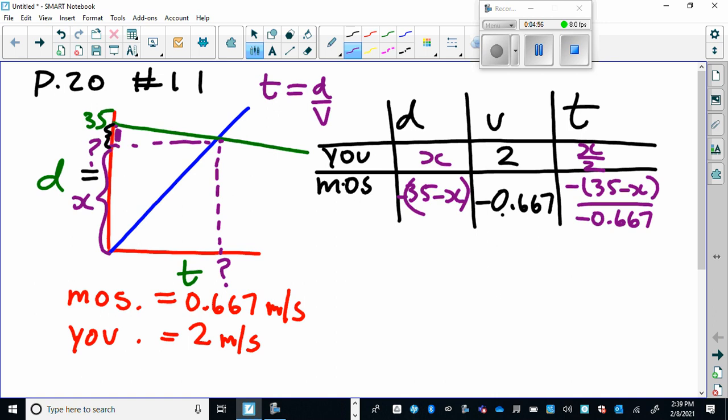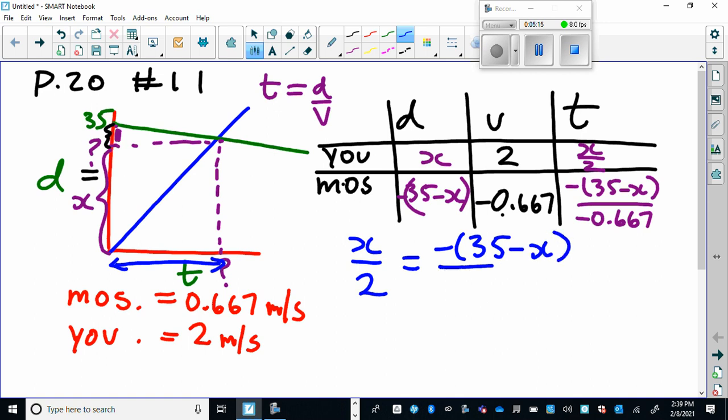And at this point, we know that both you and the mosquito are traveling for the same amount of time, and so you can simply equate those two values. The time that I'm traveling equals the time that the mosquito is traveling, and you've got a single variable equation solved for x.